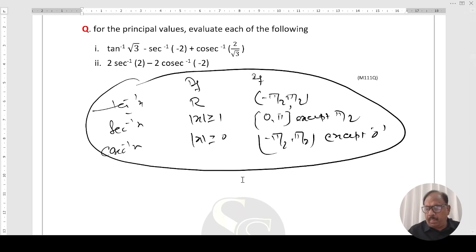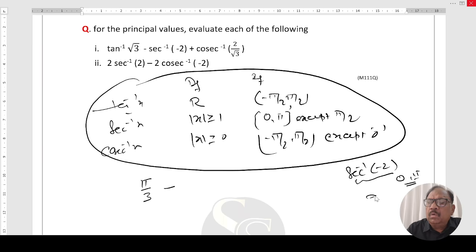Root 3, the answer is pi by 3, minus sec inverse of minus 2. Sec inverse of minus 2 means the range is 0 to pi, so it will come out in the second quadrant: pi minus pi by 3, that is 2 pi by 3.